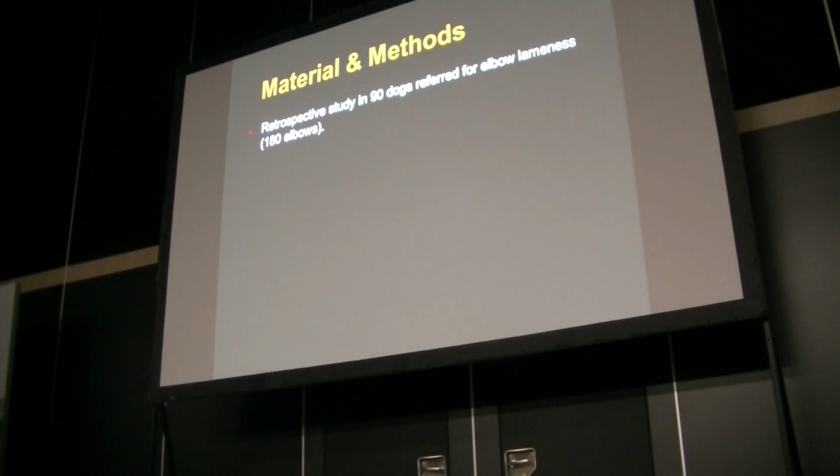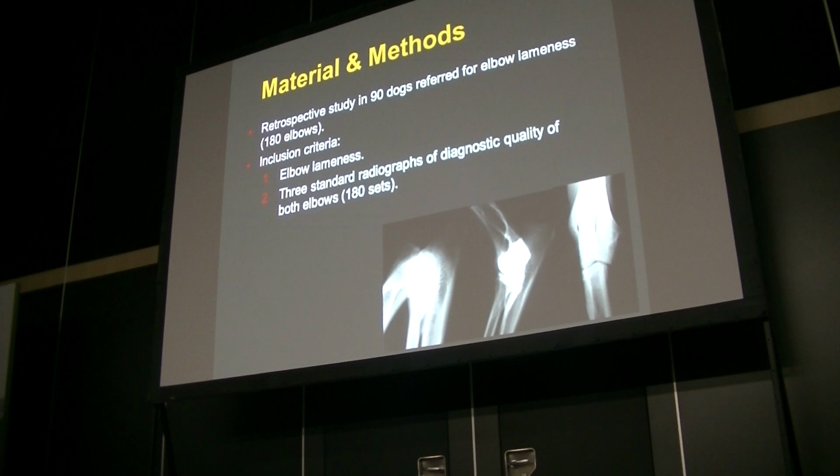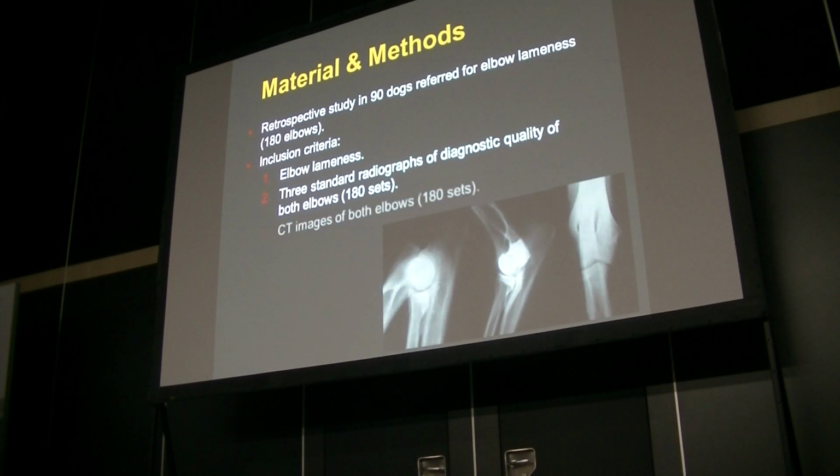So we worked on 180 elbows, dogs of different ages and different breeds. A lot of them were Labradors, Goldens and Bernese Mountain Dogs. However, also unusual breeds were included. So all dogs were suffering from elbow lameness. The three standard views were taken.